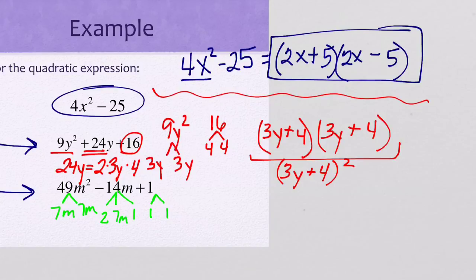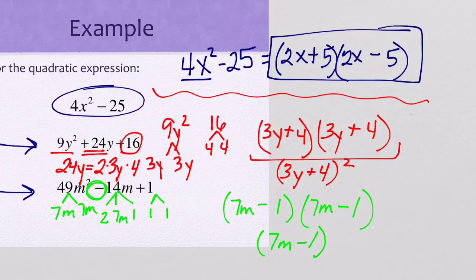And it works. 2 times 7 is 14, times 1 is 14m. So the only difference this time would be 7m and 7m, 1 and 1. And since we have a minus sign in our equation, this time both of these are minus. And we end up with the perfect square of 7m minus 1 times itself.